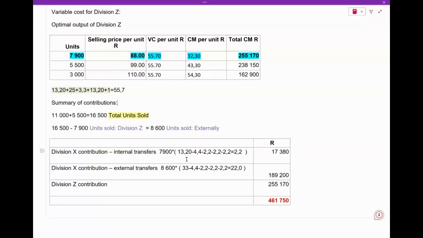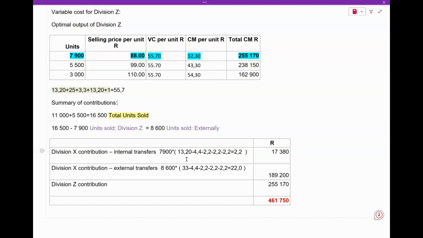All right, then minus your variable cost, 22 Rand, is going to be your final contribution margin times the 8,600, which is going to give you your contribution from the external sales. And then finally, you need to calculate, or you don't need to calculate it because we calculated it already. So it's a copy and paste there. And so you then find your total profit.